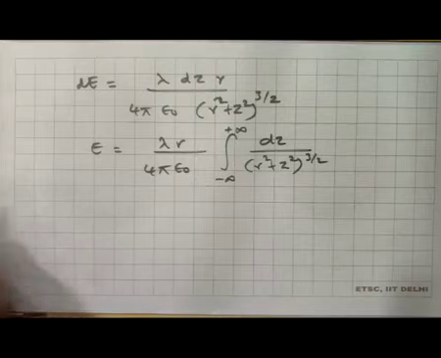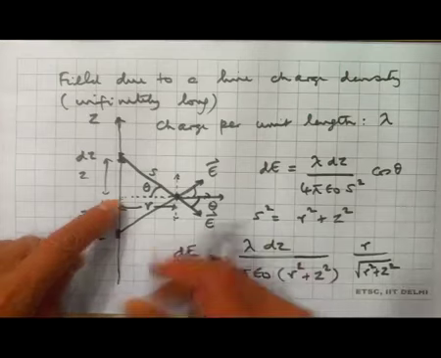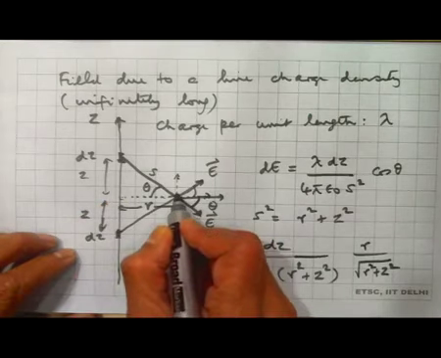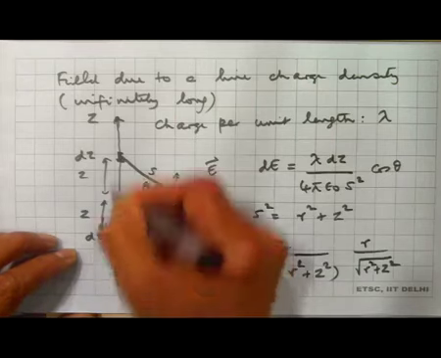So, z position, which is the position measured from the perpendicular drop from the point where I am calculating, z goes from minus infinity on the bottom side to plus infinity on the top side.